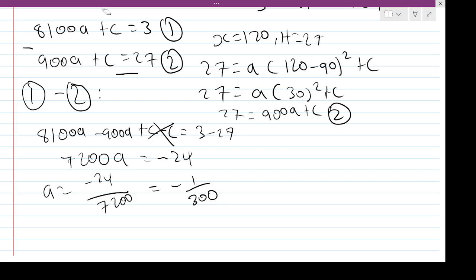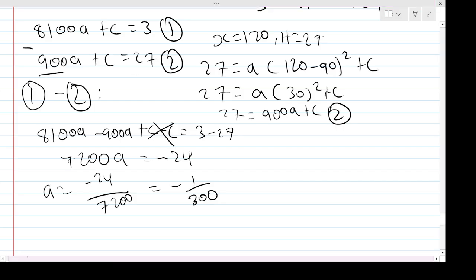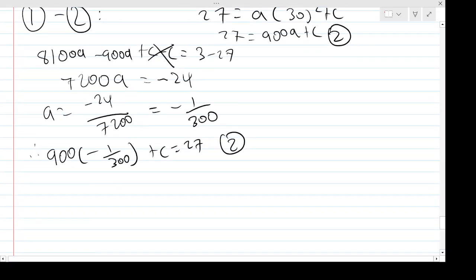Let's substitute it into the second one, because we've got smaller numbers for A. So then that means 900 lots of minus 1 over 300 for A, plus C is equal to 27. That's equation 2, remember. So 900 times by minus 1 over 300 is minus 3, plus C is 27. Hopefully then C, because spot is going to be plus 30.